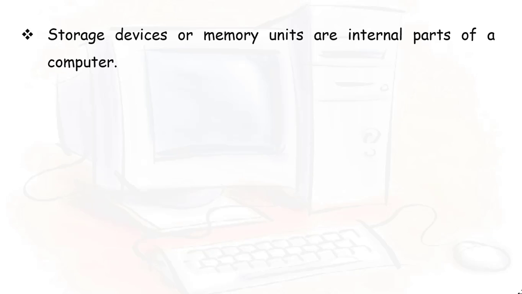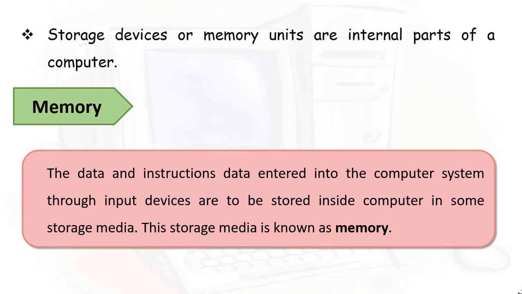Storage devices or memory units are internal parts of a computer system. We can say that a storage device is one kind of memory unit that is an internal part of a computer system. Memory: the data and instructions entered into the computer system through input devices are to be stored inside the computer in some storage media.